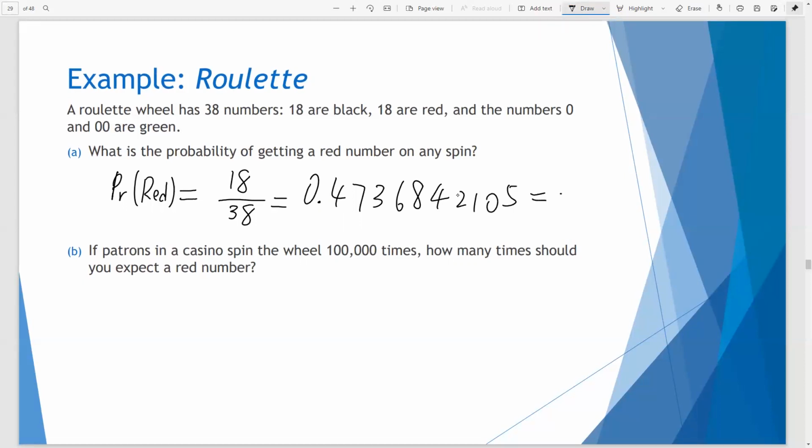If you want to round it to 4 digits, it's 0.4737. To 4 digits is usually how we report the probability.